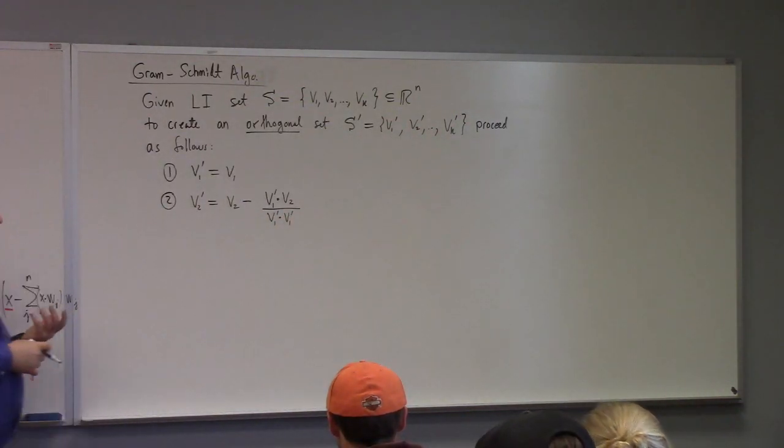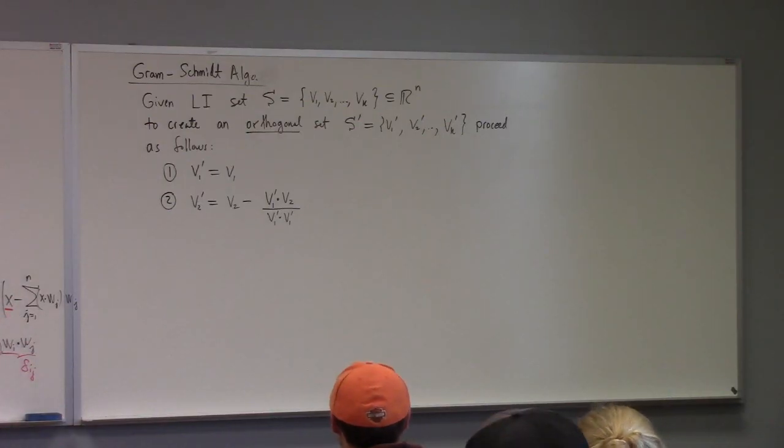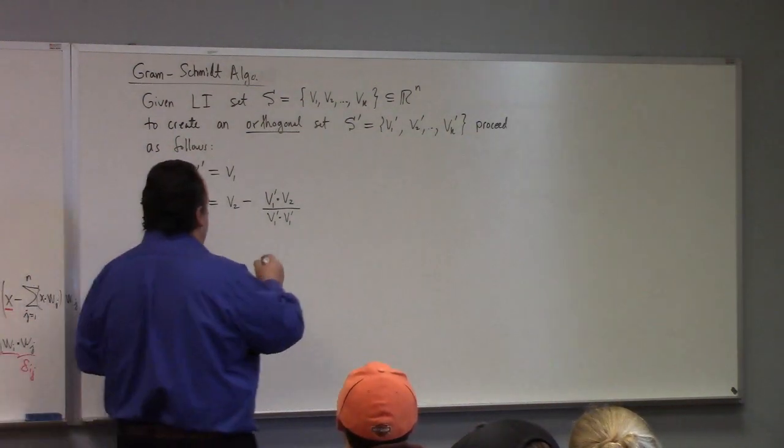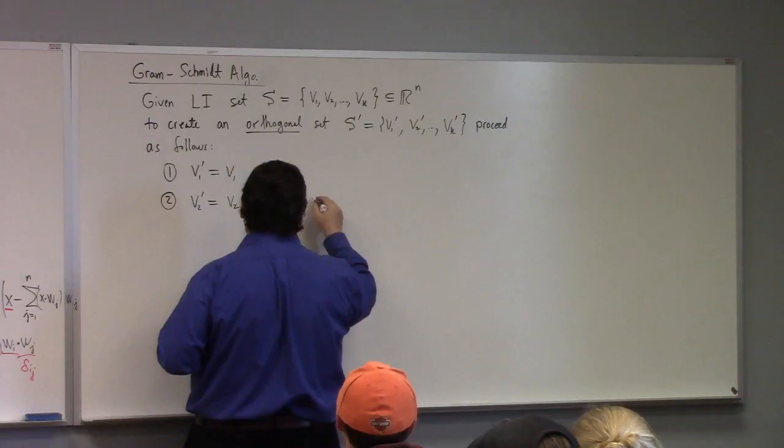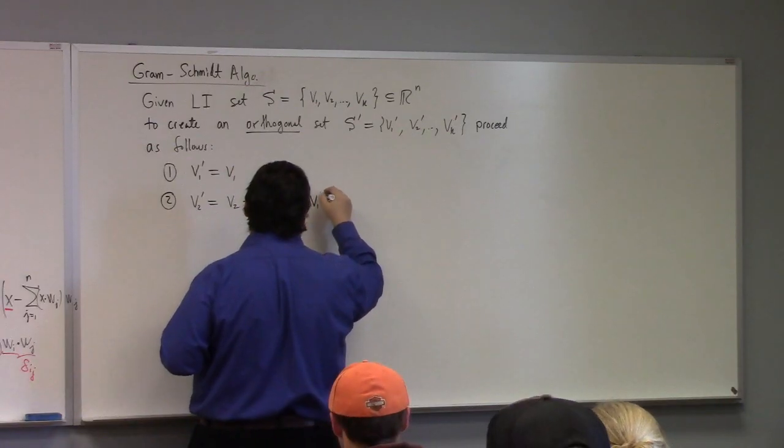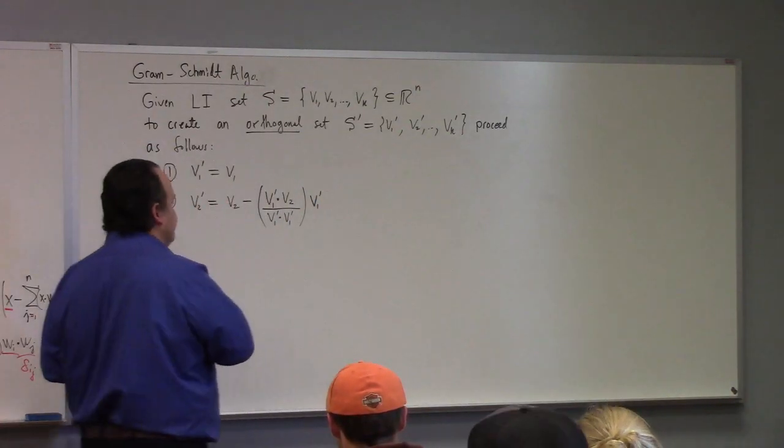Now, technically, I don't need the primes, right? Because V1 prime is equal to V1, so it wouldn't hurt us here, but it will hurt us in the future steps to not put primes there. I'm not done yet. This is just a number, and then I put V1 prime there.